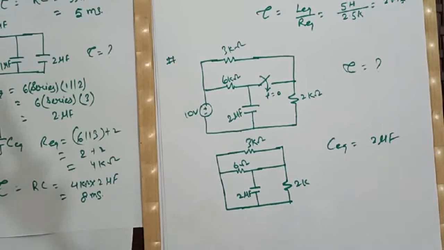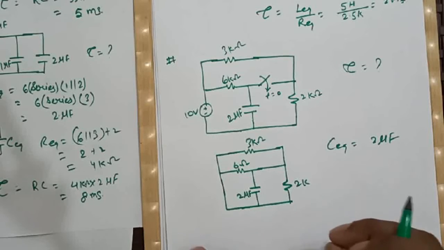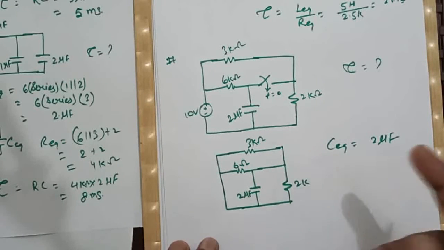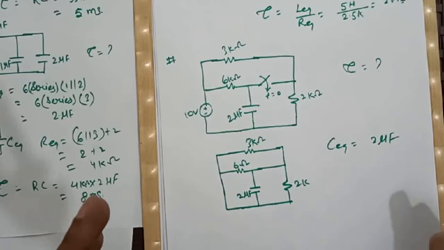Now the interesting thing is to find the R equivalent. See, we have to find R equivalent between the terminals of C equivalent. In all the problems we are doing the same thing. Whenever we find R equivalent in case of RC circuit, first of all we find C equivalent, and then the R equivalent across the terminals of C equivalent.